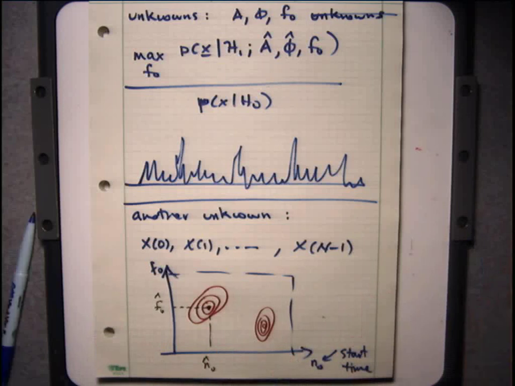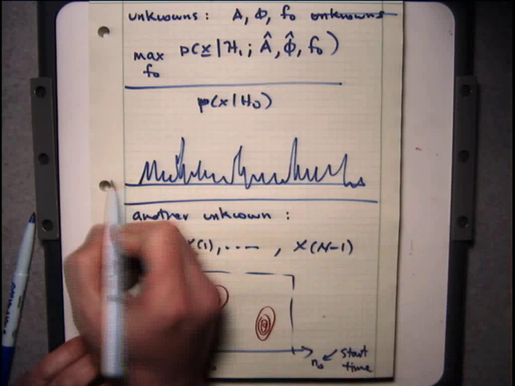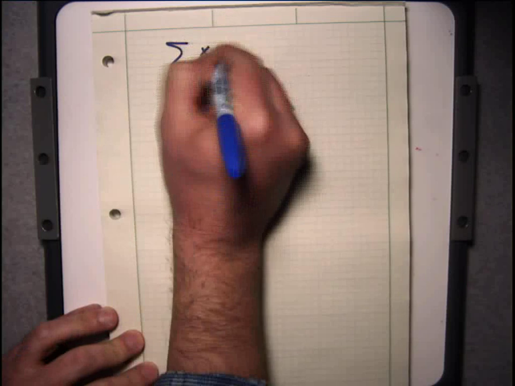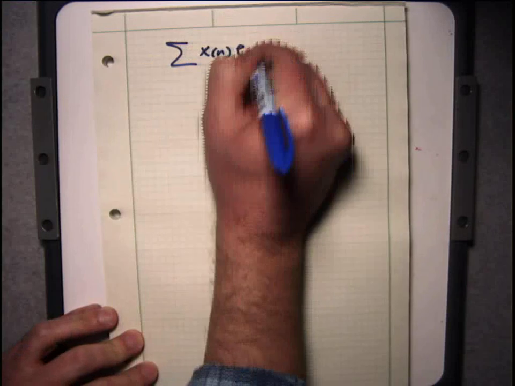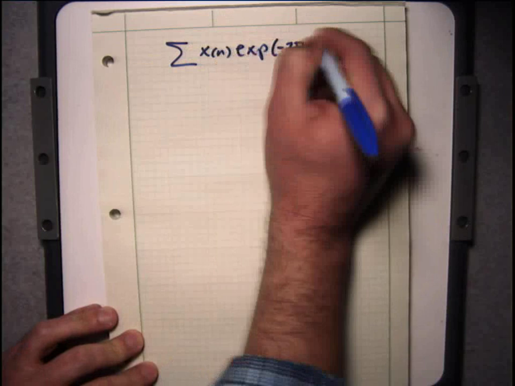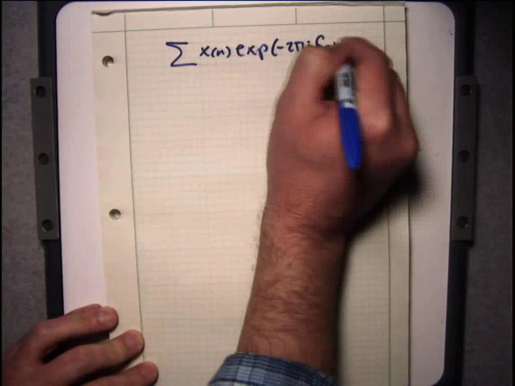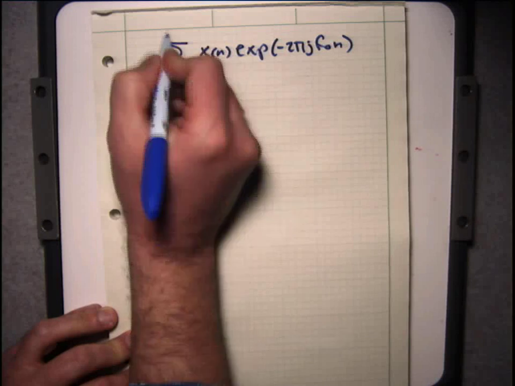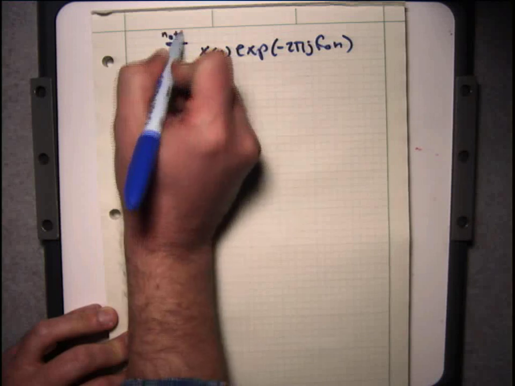Fourier transform is not going to be computed over the whole thing now. The Fourier transform, well, let me draw a picture here. I'll write it out for you. What you're going to do is sum x of n times exponential of minus 2 pi j f0 n, where n goes from n0 to n0 plus M minus 1.